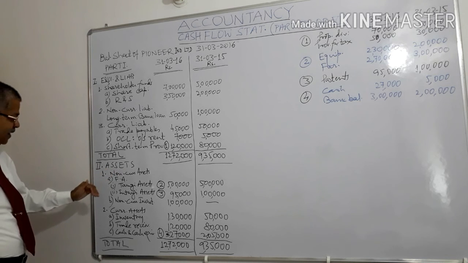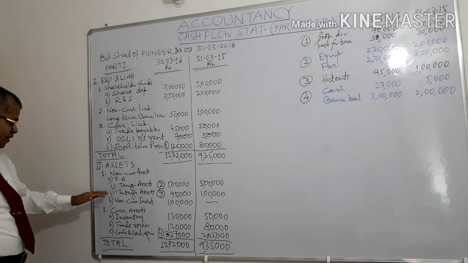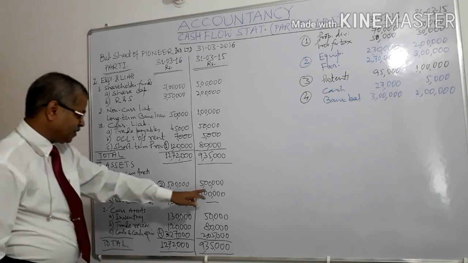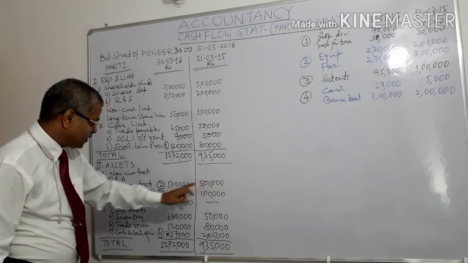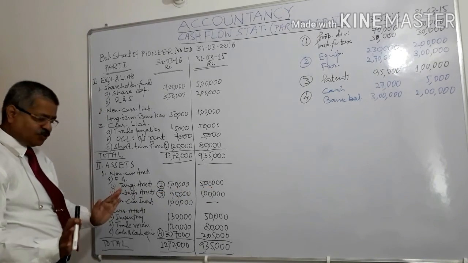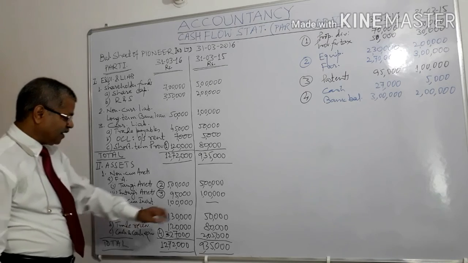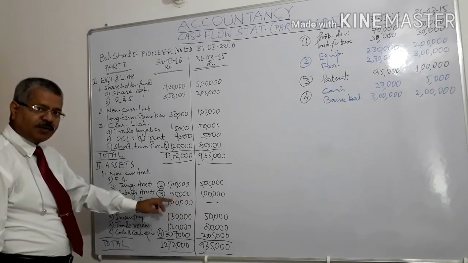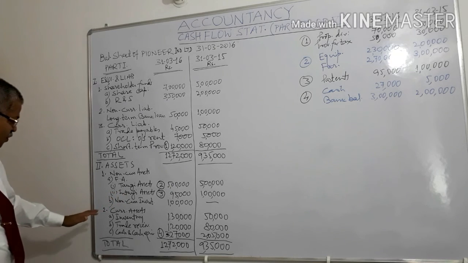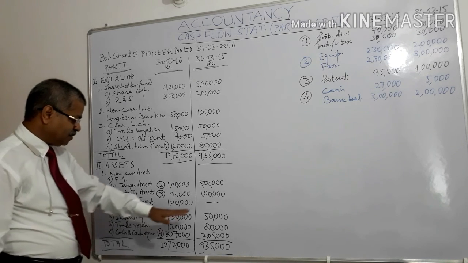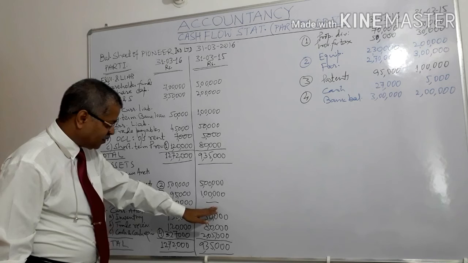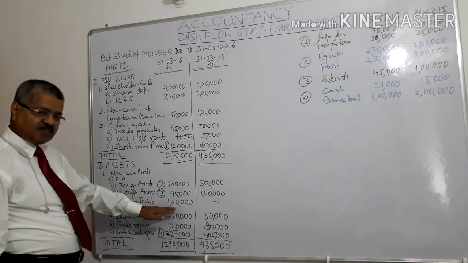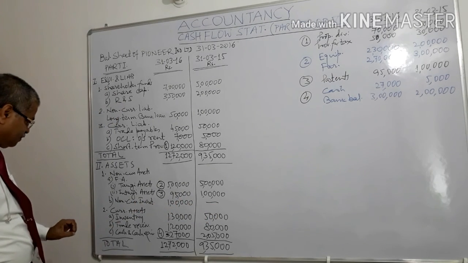First we take non-current assets, fixed assets. Tangible assets, they were 5 lakhs, they remain at 5 lakhs, there is no change. Intangible assets, they were 1 lakh rupees, they have declined to 95,000 rupees. Non-current investment, 31/3/15 it was 0, 31/3/16 it is 1 lakh rupees.